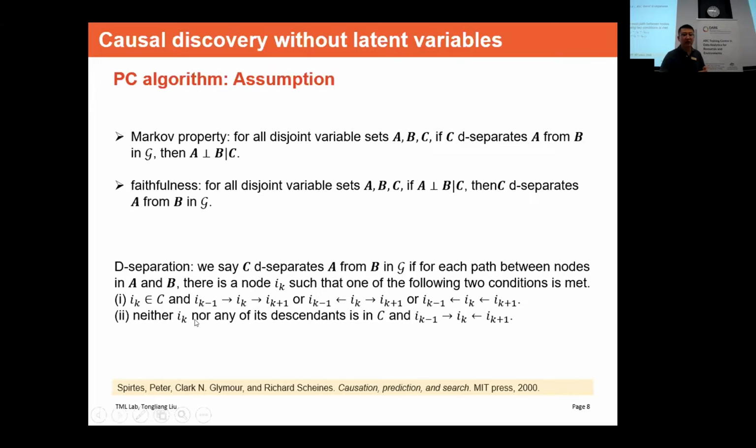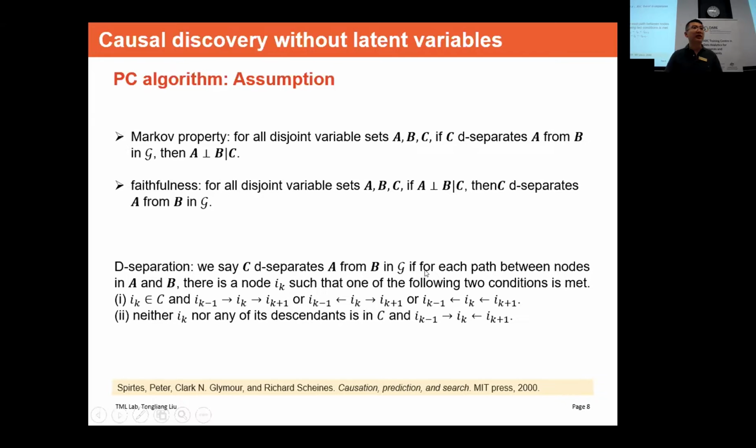For those structures, the variable in the middle has to be contained in the set C. The second condition concerns another structure, called a collider. For this variable in the middle, it cannot be included in the set C.